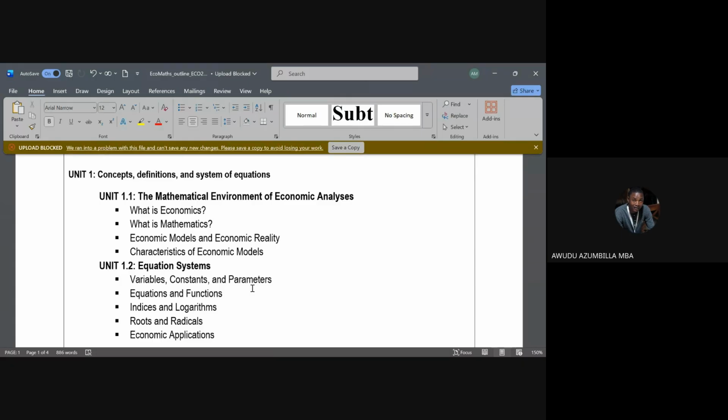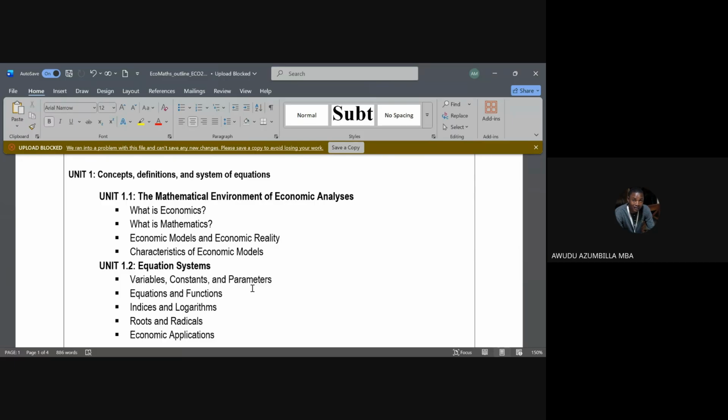Instead of saying it in sentence or analytical form, we can use simple mathematics to represent it. So that is what we are expecting to do here, using mathematics to explain economic theories.